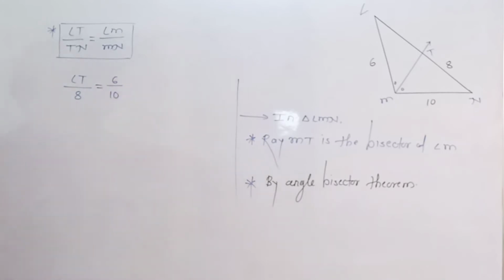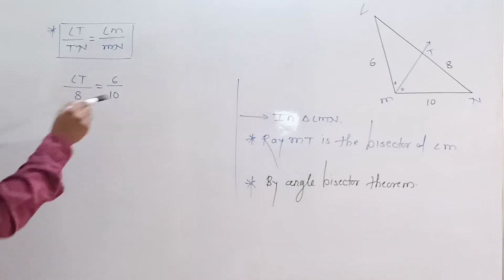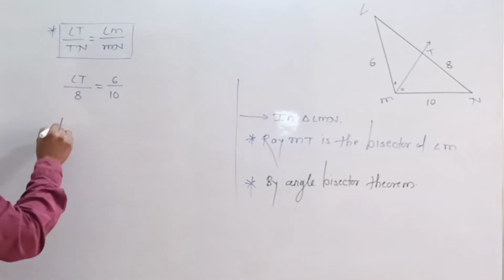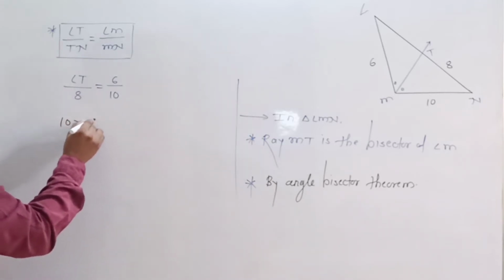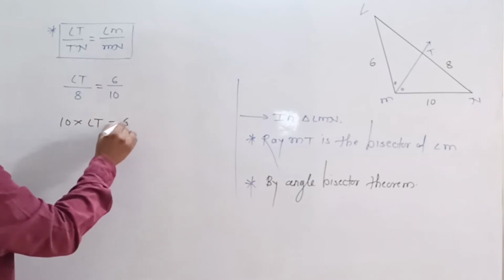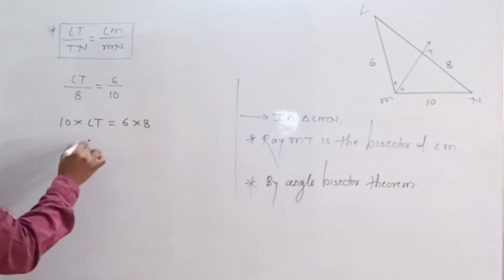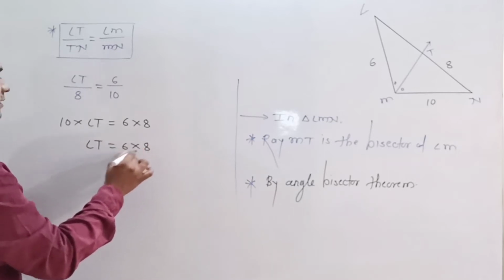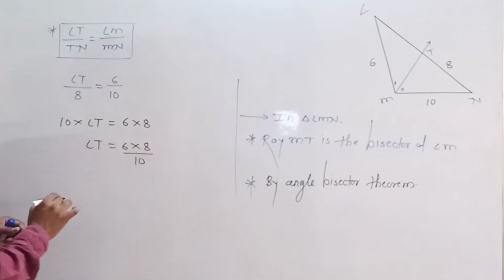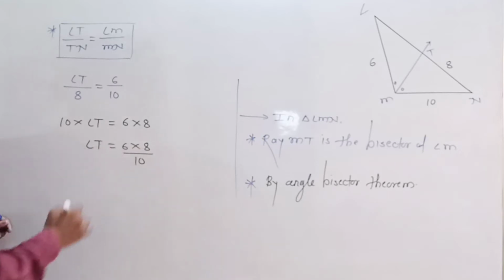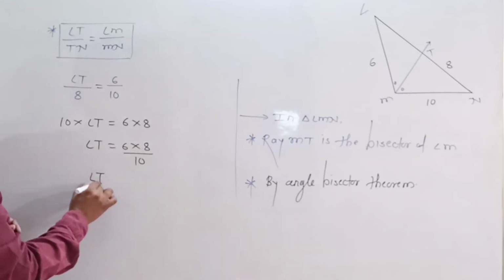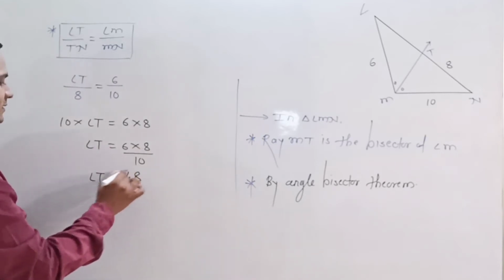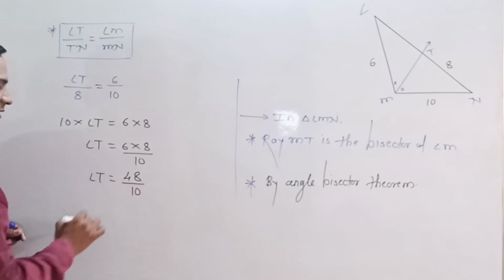So by making cross multiplication, 10 into LT is equal to 6 into 8. So LT is equal to 6 into 8 upon 10. Okay. So 6 into 8, that means LT is equal to 48 upon 10.